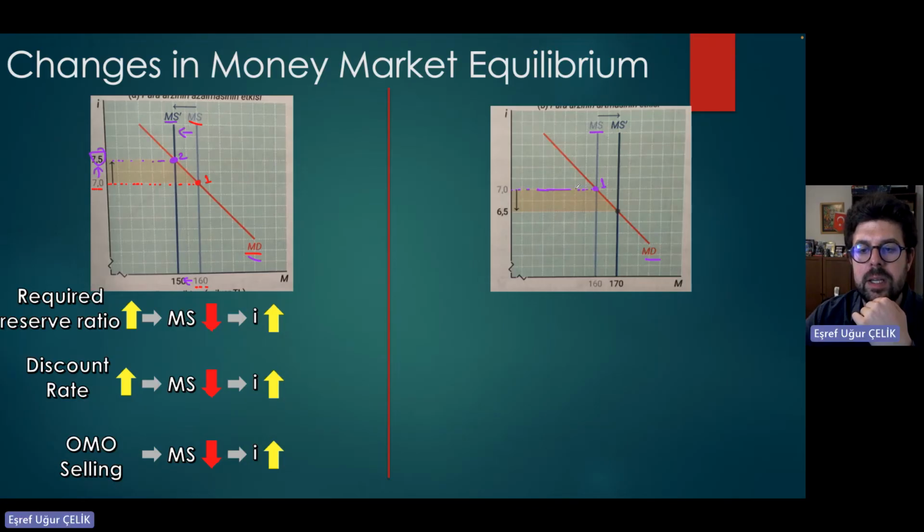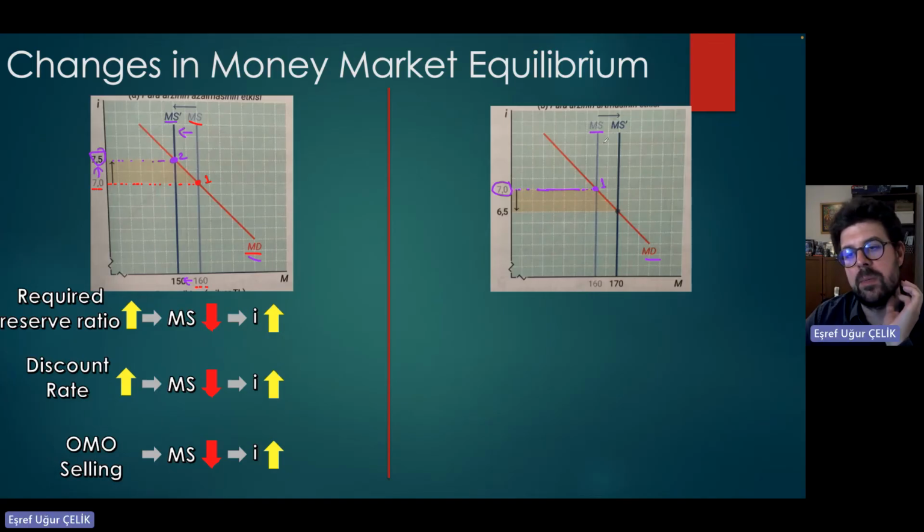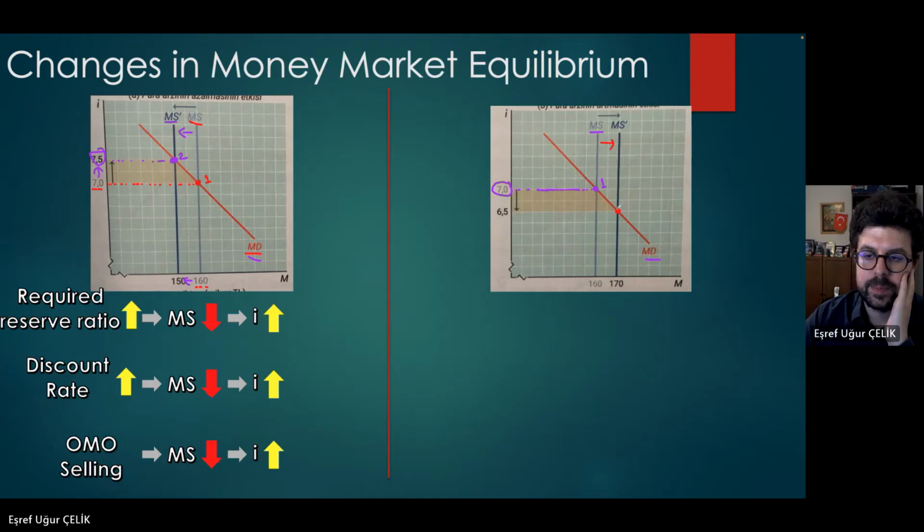At that point, the equilibrium interest rate is 7. What happens when the money supply increases to the right? This time, MS1 and MD. This is our new intersection point. We see the interest rate becomes lower.